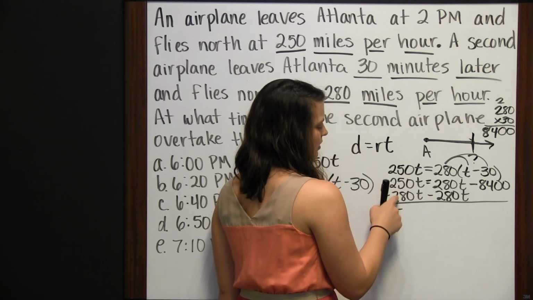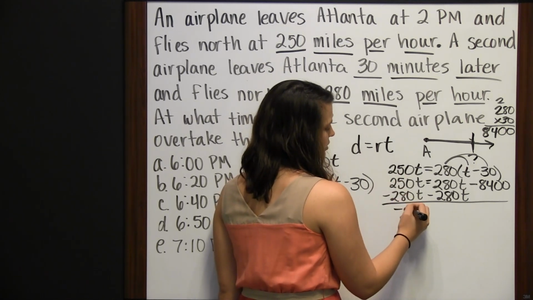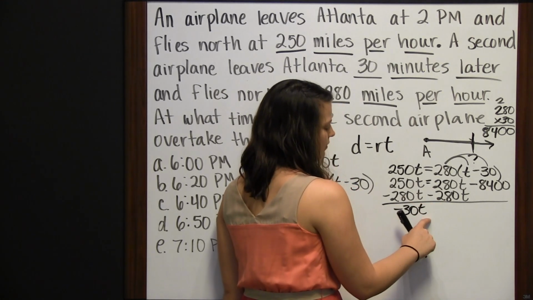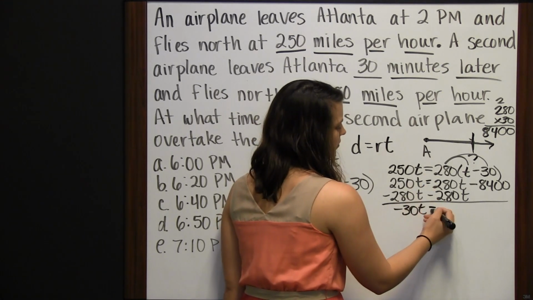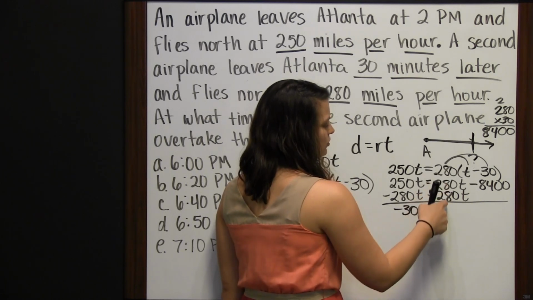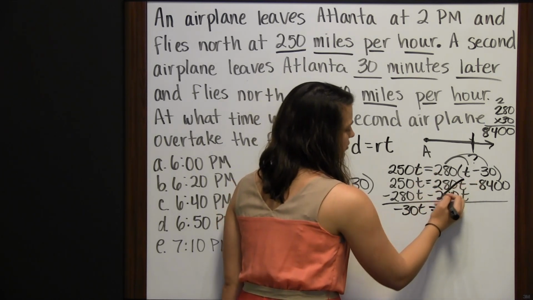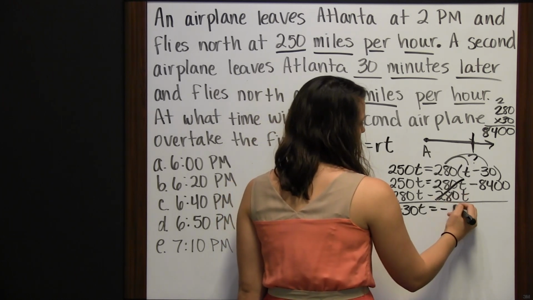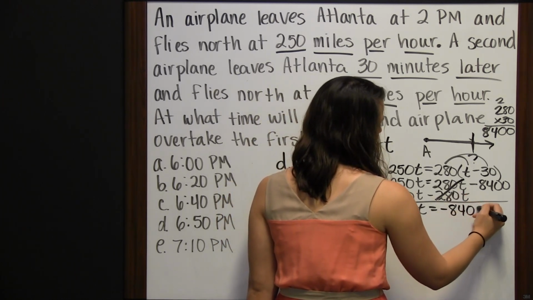The difference between 280t and 250t is 30t. So negative 30t equals, by subtracting this 280t, I've canceled that term on the right side, and I'm left with negative 8,400.